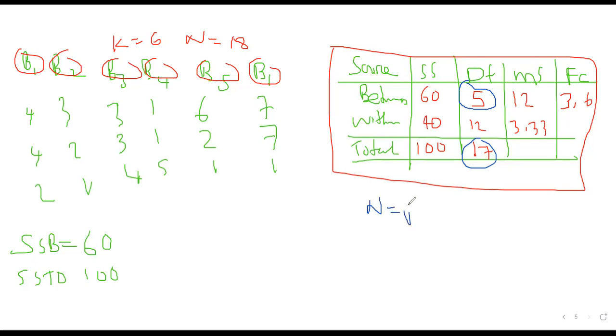Our N is the observations, 18, and K is the populations, 6. So N is 18 and K is 6. Yes, that's all.